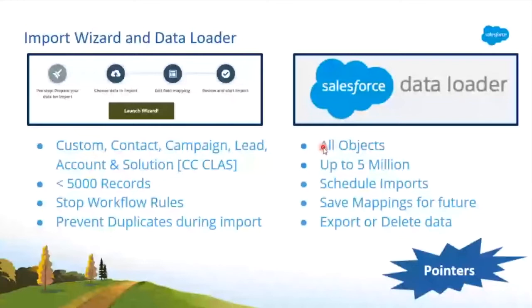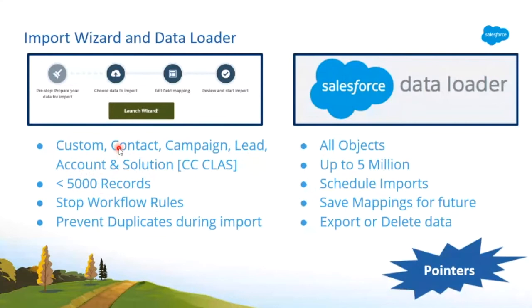So based on what comes in the question, you need to rule out which is the wrong answer, or whether you can choose both in that particular scenario. If the exam presents a challenge about an object which is not part of import wizard, then you would go with data loader. And the question can also have a challenge about two things. So it says the volume is less than 5,000, but the object in the question is case.